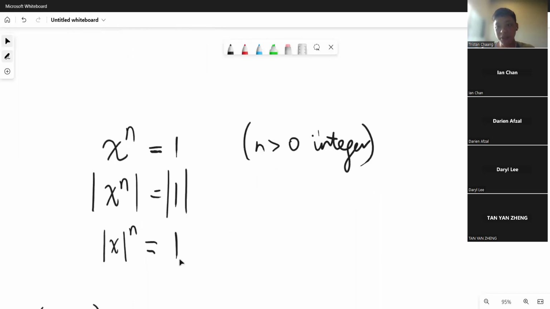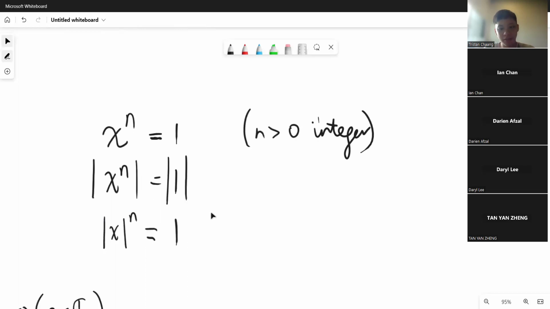So this is an easy equation in real numbers. The absolute value of x is always a non-negative real number, right? So this is not a complex equation anymore. This is just a real equation. What number to the power of n is 1? Just 1, right? Okay, some might say -1, but remember, absolute value of x is only non-negative.